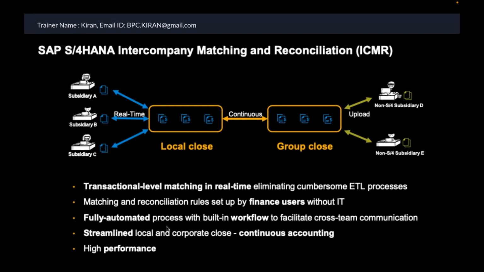Recently, in 2021, they introduced workflow. As I said yesterday, in the financial close app they introduced one workflow for cross-team communication. The same apps can be used for local and corporate close, and performance-wise it's good.